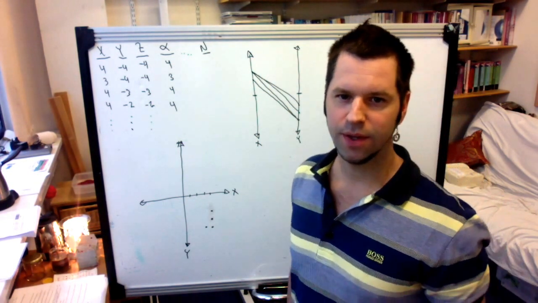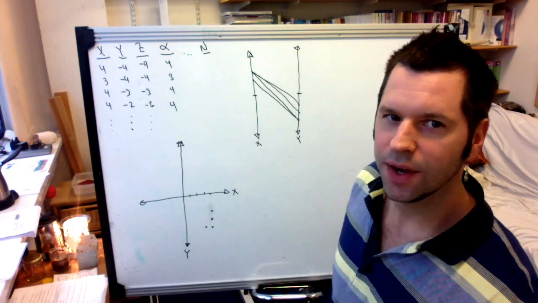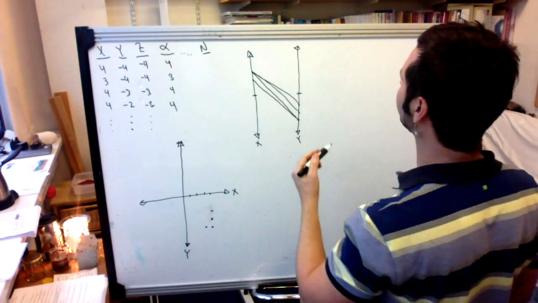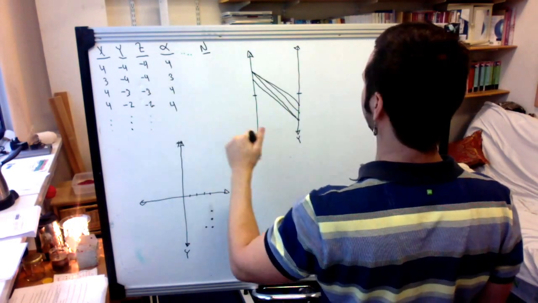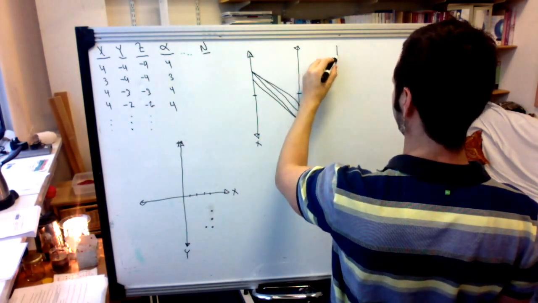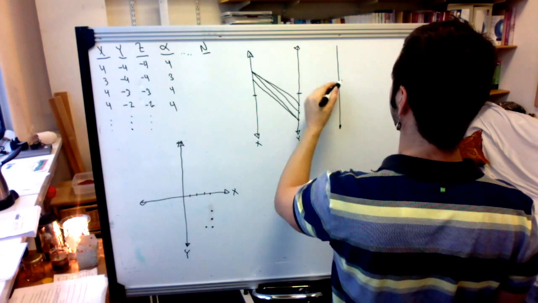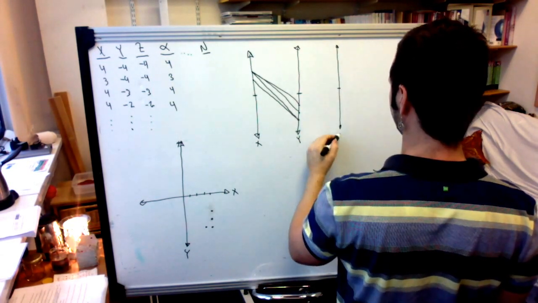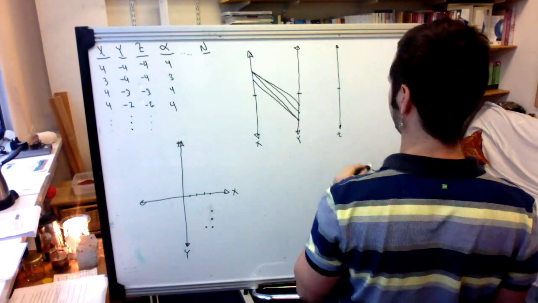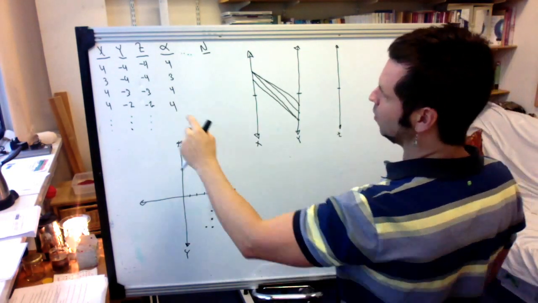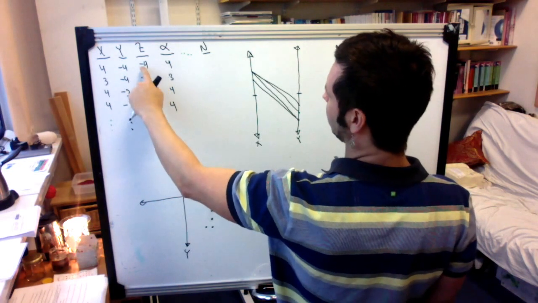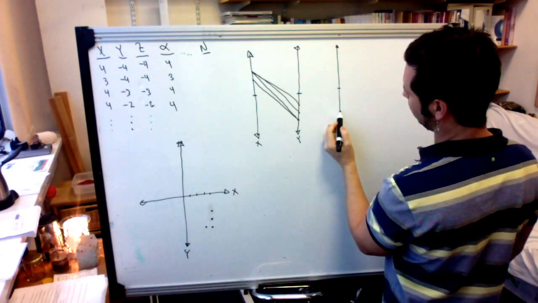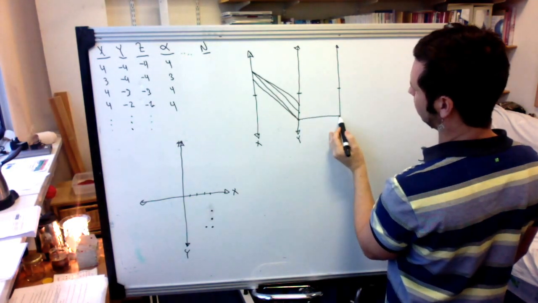Now the nice thing is we can then add an axis for each variable. So we can extend it with another axis for z, which is something we can't do so easily for Cartesian coordinates. So 4 is connected to -4. Looks like this.